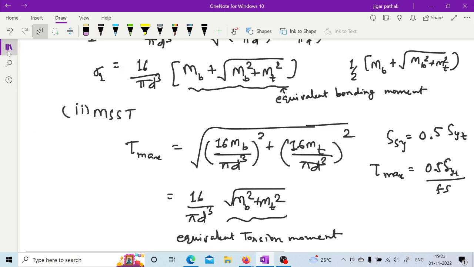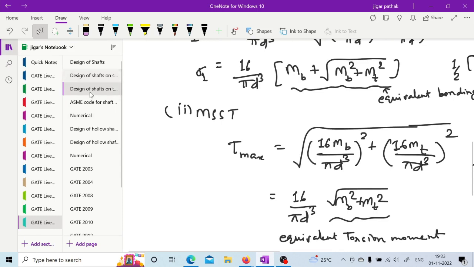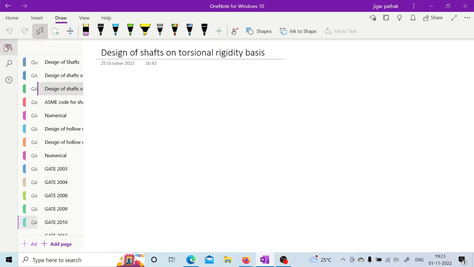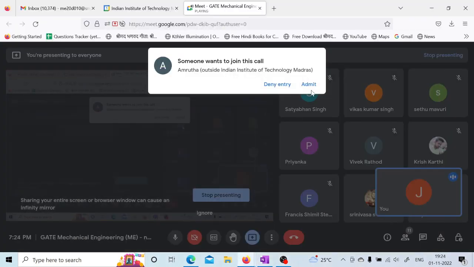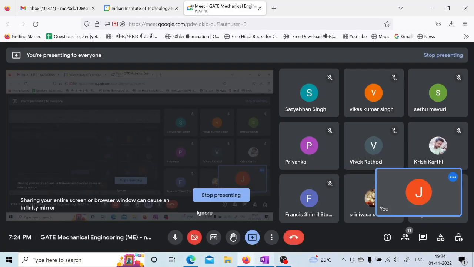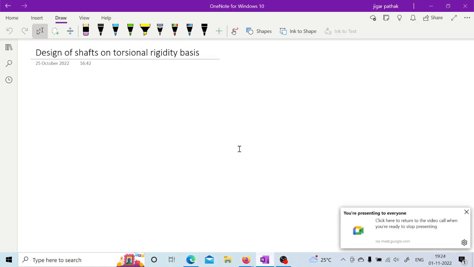Once you have this idea, you can move to the next one, that is design of shaft based on rigidity. Design of shafts based on torsional rigidity means that sometimes applications have other requirements. Every time it is not only strength based on which you design the shaft.